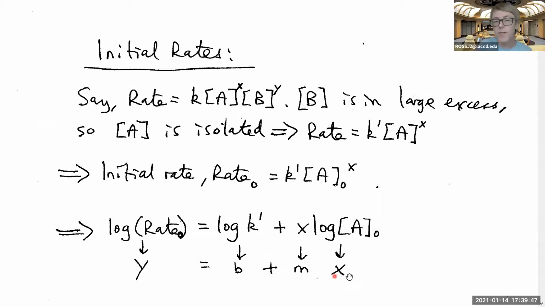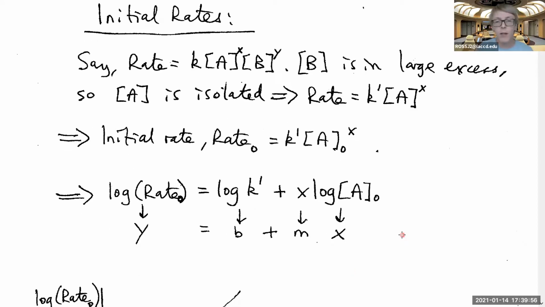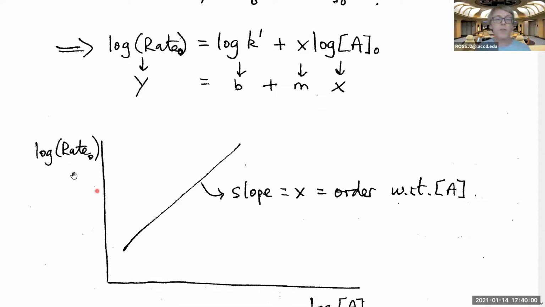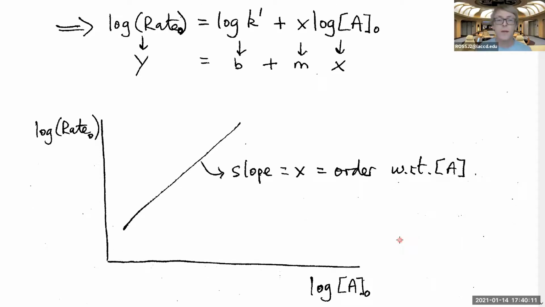And we can see that that fulfills a straight line expression. It's a y is mx plus b expression. If we plot this as a straight line, we have on the y-axis log initial rate, and on the x-axis log of the initial concentration, and we can do this for a variety of different concentrations.